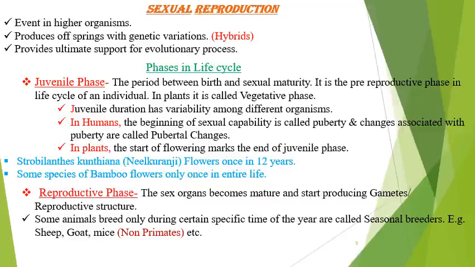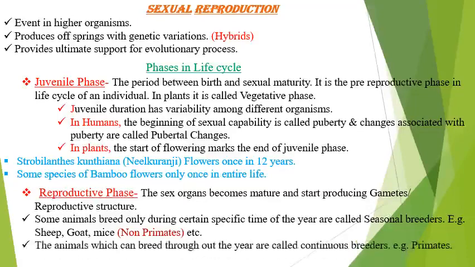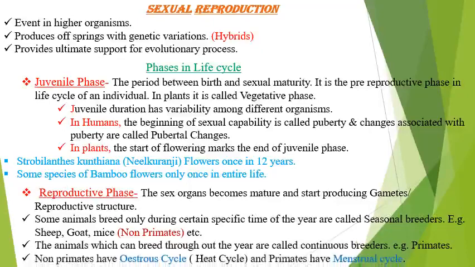They are considered non-primates. The other category, the animals which can breed throughout the year, are called continuous breeders, and they are the primates. Non-primates have the estrous cycle, also known as the heat cycle, and the primates have the menstrual cycle.